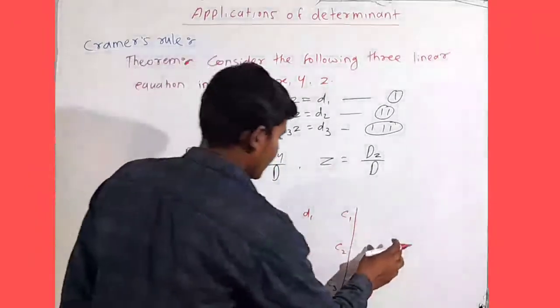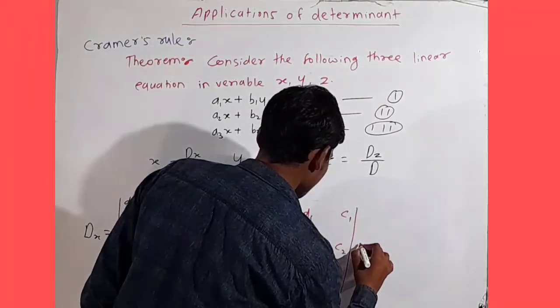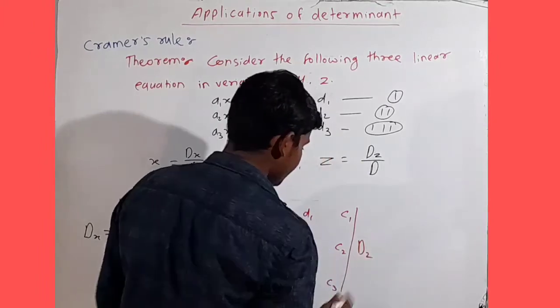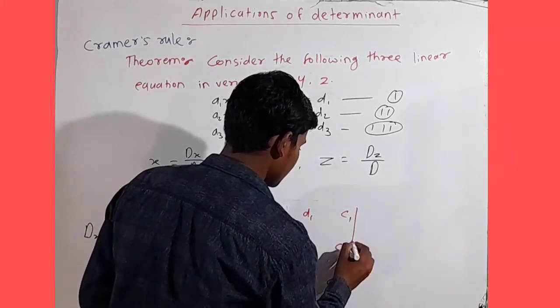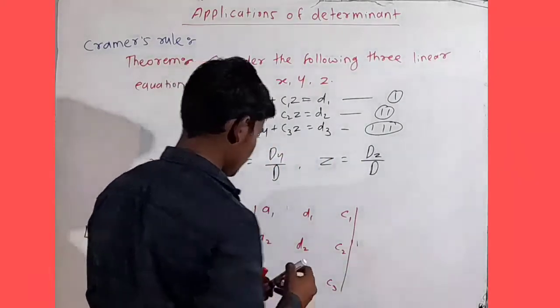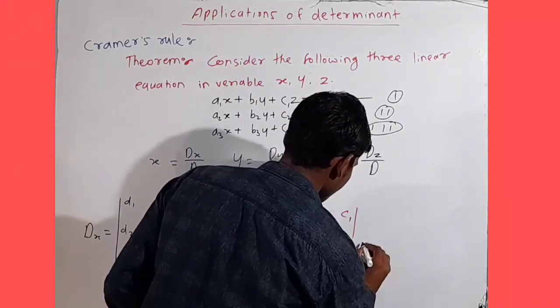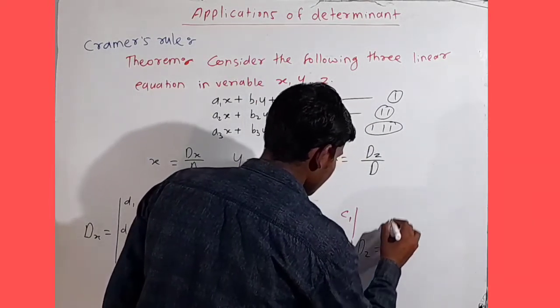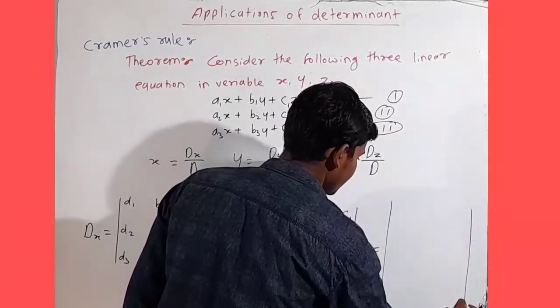Okay, and the last one is dz, the value of dz.